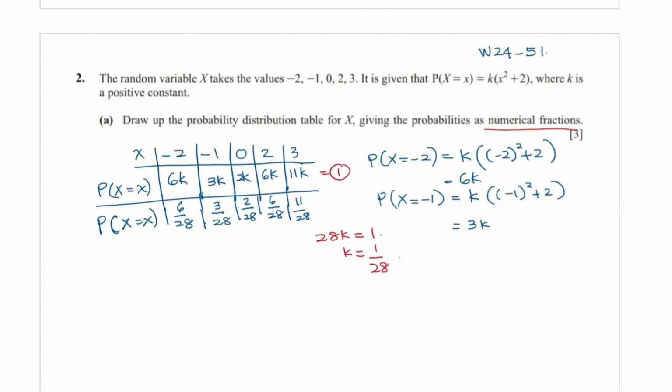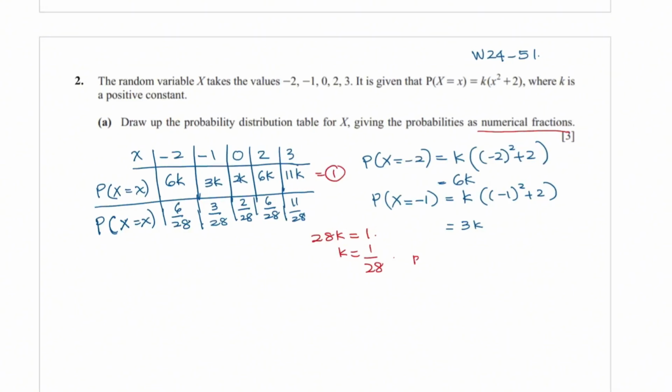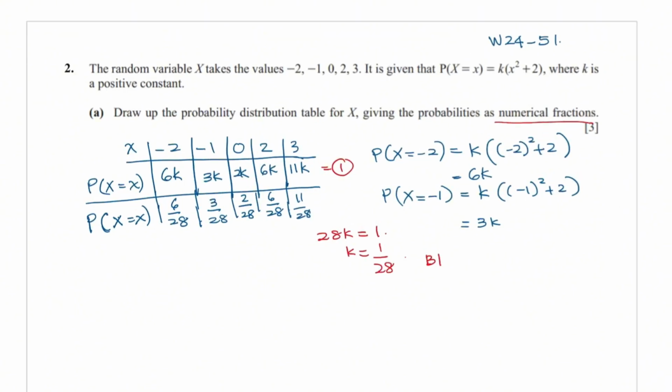I have altogether 3 marks. I'll get my first mark when I identify my k. In this situation, I identified k equals 1 over 28 and it's right. So this is my B1. My next mark would be from the table having correct outcomes and 2 correct probabilities.